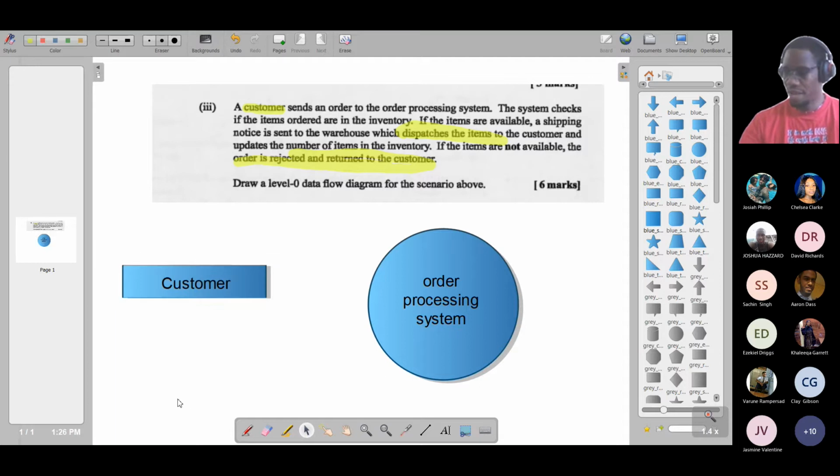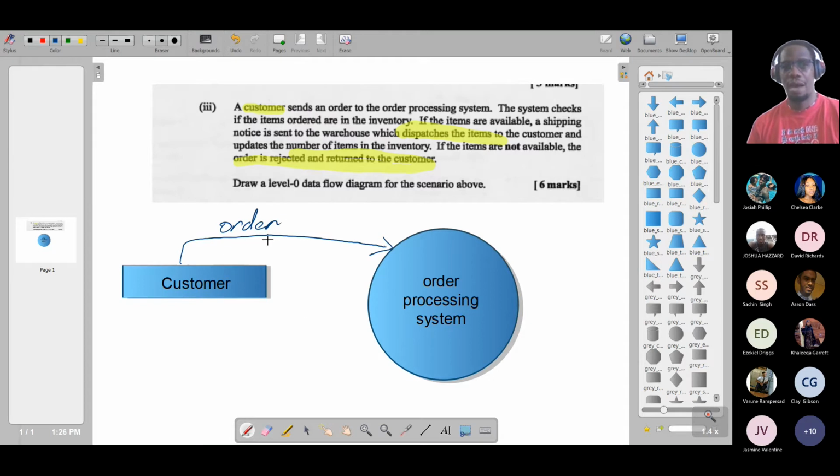And now we can show the data that is being sent from the customer into the system. And what the customer sends is an order, right? And what is coming from the system?